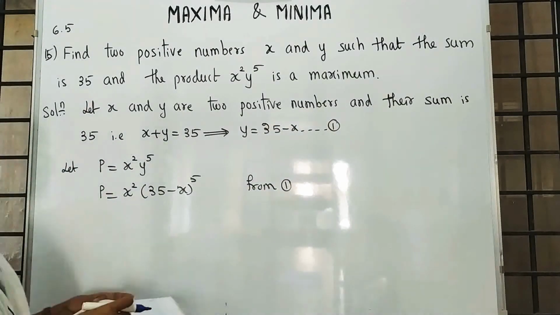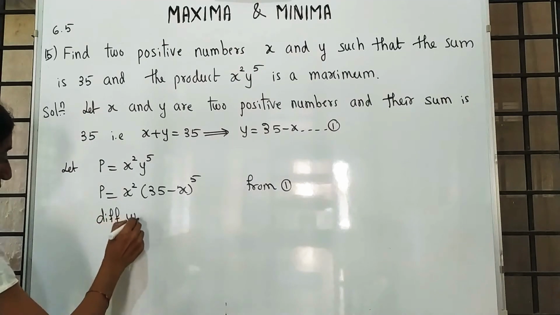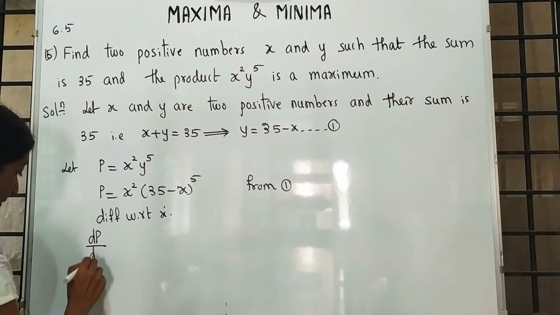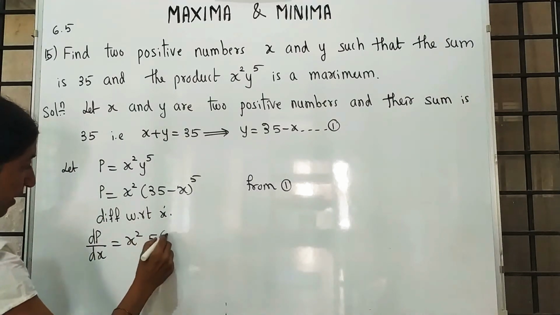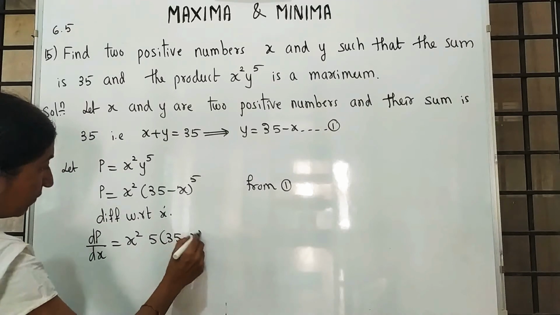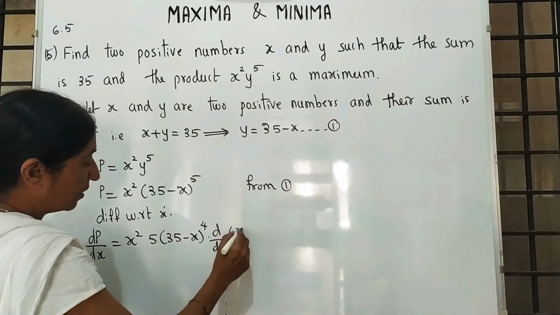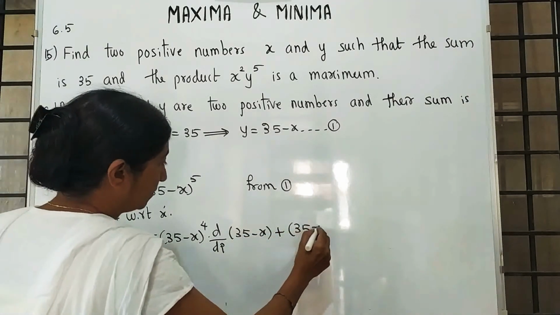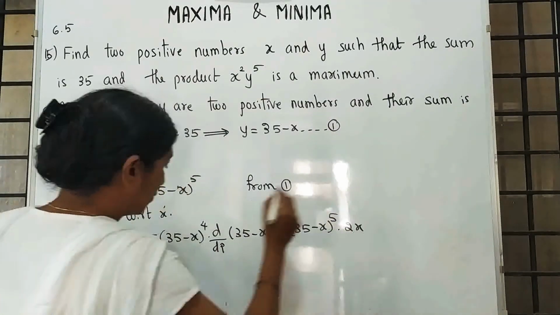Now differentiate this. Now it is in the form of x only. Differentiate with respect to x. Using the product rule, x square as it is, 5 into 35 minus x raised to 4, again the differentiation of 35 minus x is minus 1, and the differentiation of x square is 2x.